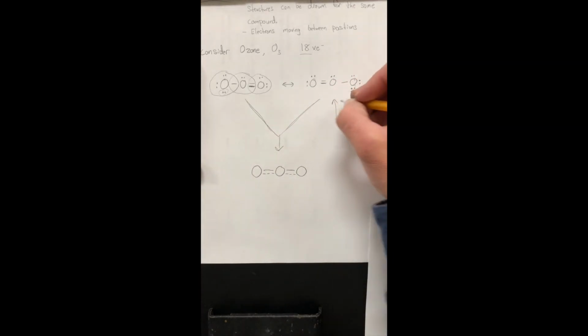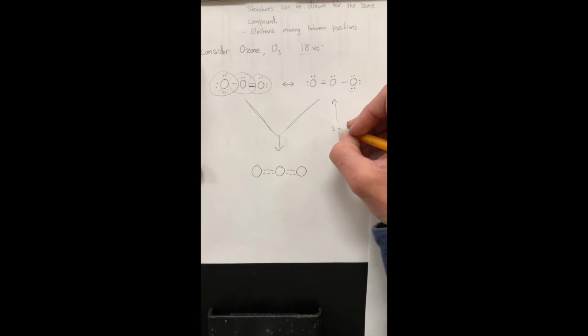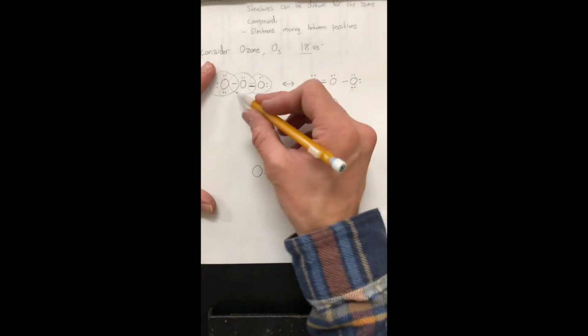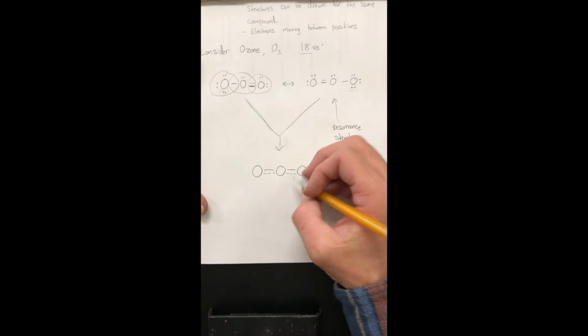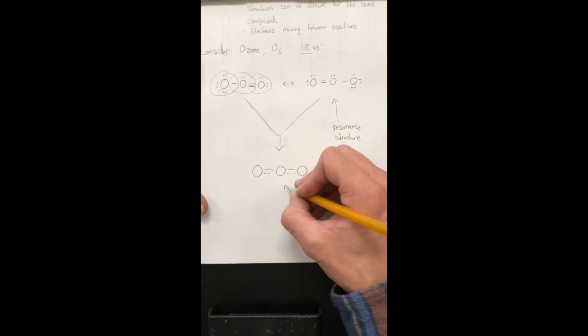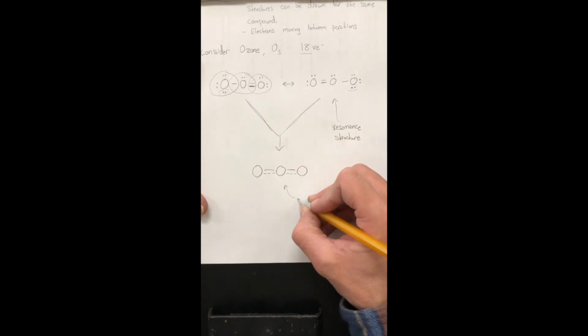Each of these drawings is called a resonance structure. There are multiple resonance structures for this compound ozone, and what we end up doing is making a resonance hybrid.